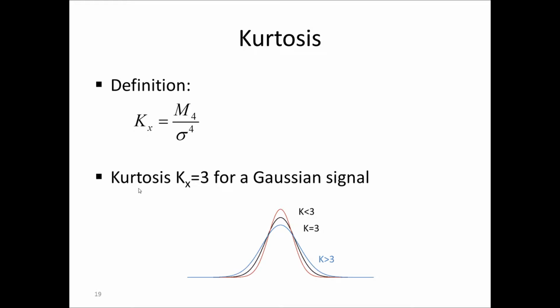Similarly to the skewness, this kurtosis exaggerates high values in the signal. Therefore, the kurtosis tells if the high levels of the signal, either positive or negative, in the tails of the PDF are higher or lower than the tails for the Gaussian distribution. So, if the tails are higher than the normal distribution, then the kurtosis is larger than 3. And if the tails are under the Gaussian distribution, then the kurtosis is less than 3.